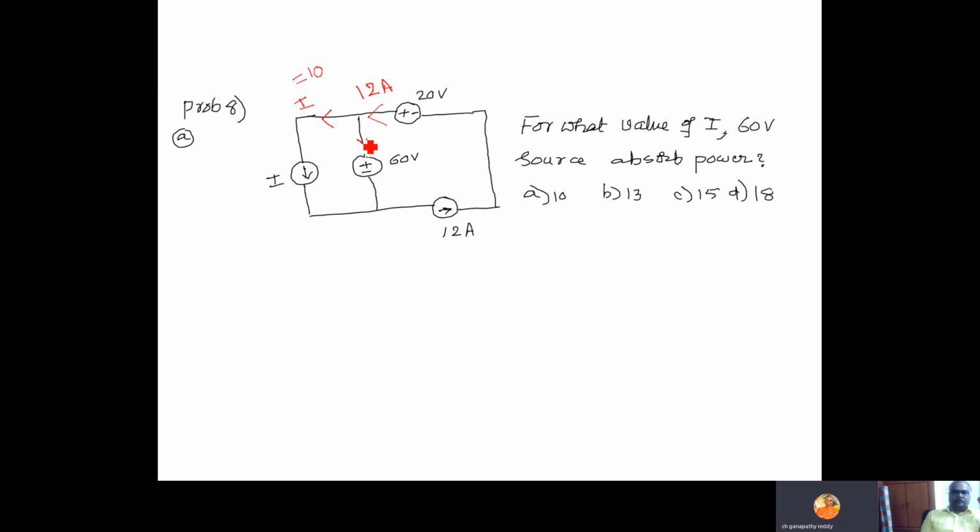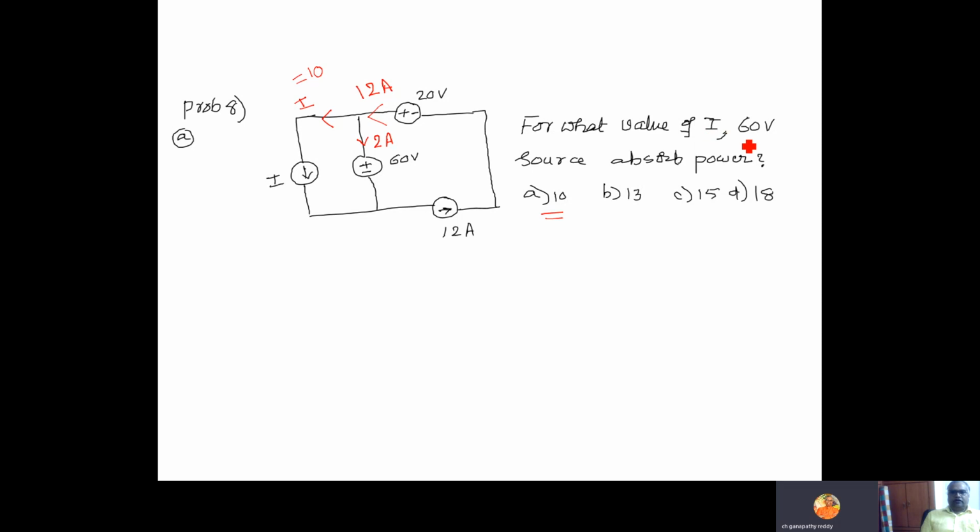So this should be 12 minus 10. We are trying with the answers. We started with 10, so I am assuming this I is 10. Entering is 12, this is 10, so this will be 2.